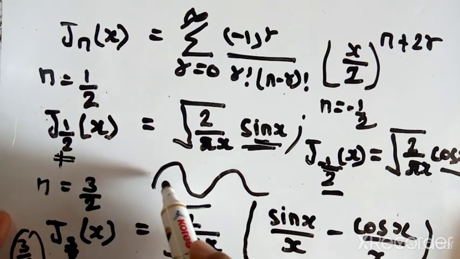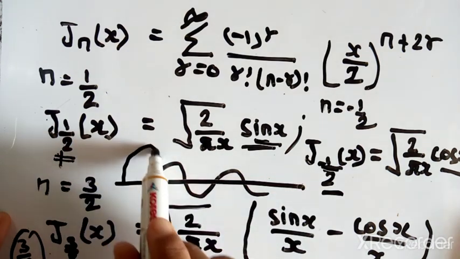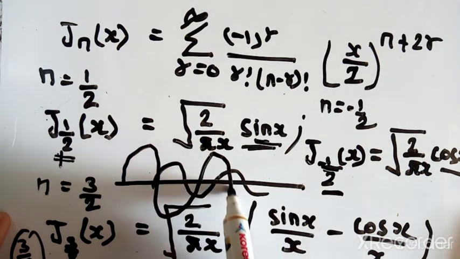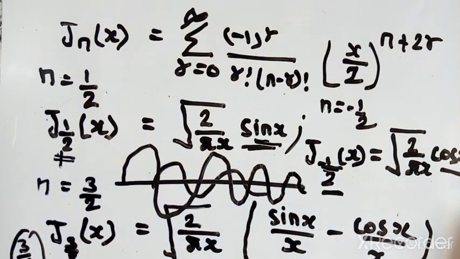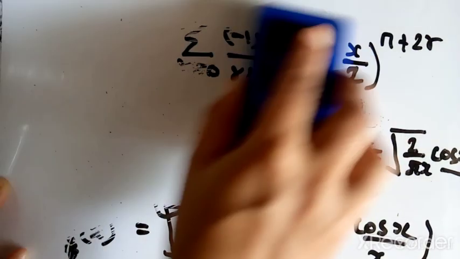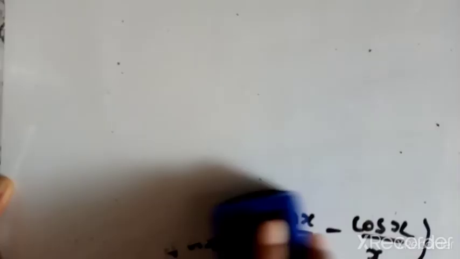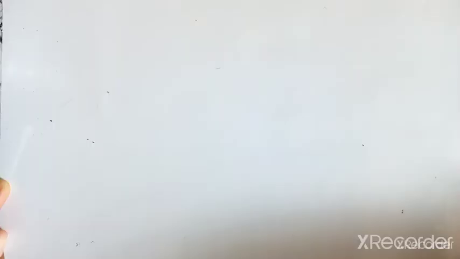For example, this is like a damped oscillation, meaning that with time the amplitude decreases. Bessel function is oscillating in nature, like a damped oscillation. Now cover these points.